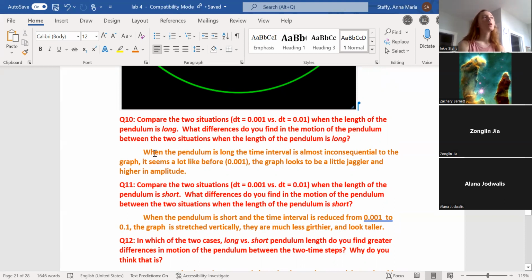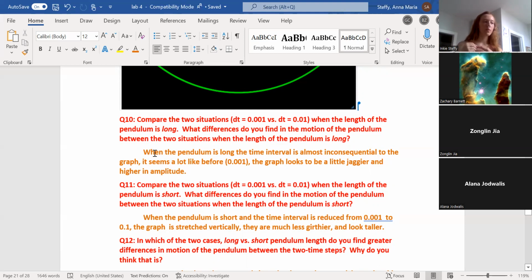Mhm. It seems weird to me though, I don't know how I could conceptualize this. If we have two identical scenarios where the pendulum's equal and the pullback is equal, and you perform it, except in one you measure every hundredth of a second, and in the other you measure every thousandth of a second, I don't know why that would change the actual force, what actually is going on.